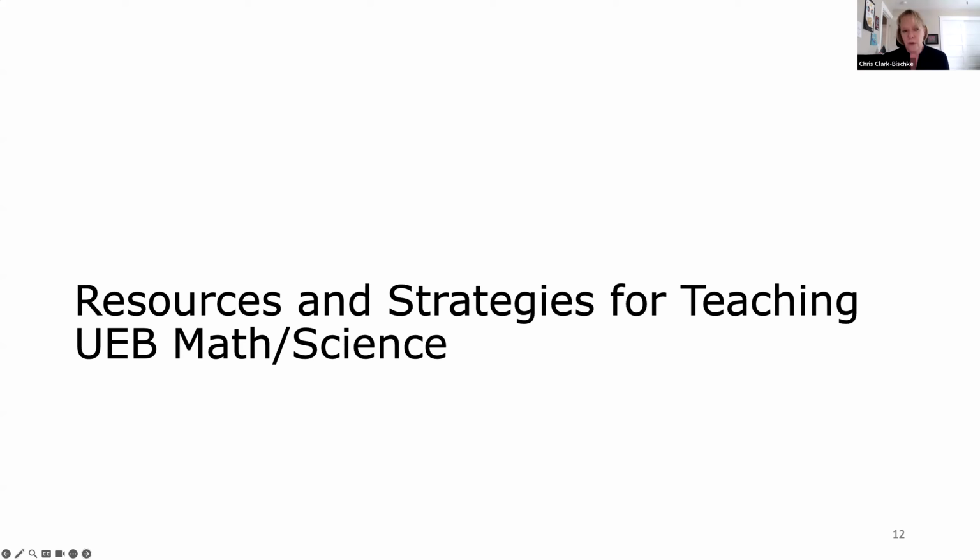But we wanted to share with you what we know exist, because we are finding that one of the key reasons that TVIs are not using UEB Math and Science is a lack of awareness of what resources are out there, what's available for TVIs to use with their students.